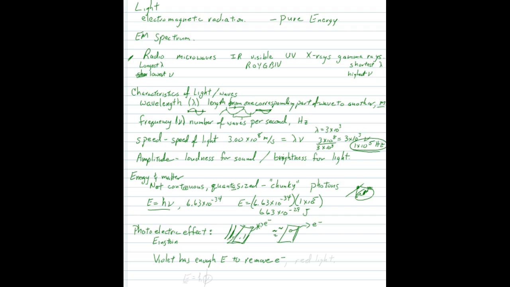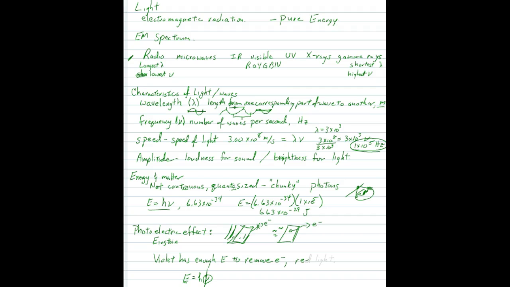And that comes from E equals Planck's constant times nu. The amount of energy depends upon the frequency. The higher the frequency, the more energy. There's a cutoff point around green light or indigo light. Anything below that frequency does not have enough energy to get the electron kicked out. So he won the Nobel Prize for doing that.